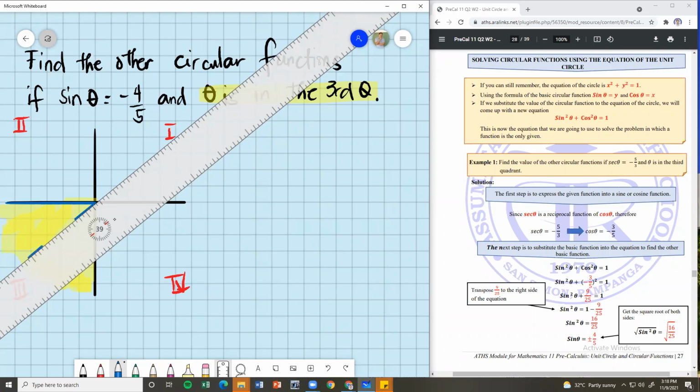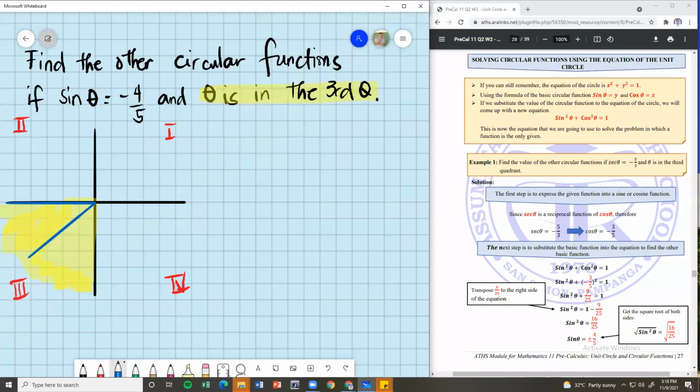Worry not if this is not exact kasi representation lang ito. Now, your reference angle is on the third quadrant. So therefore, let this be your reference angle. O, dito natin nagagamit yung reference angle. Kasi it should always be connected with your x-axis. After that, let's close our triangle.